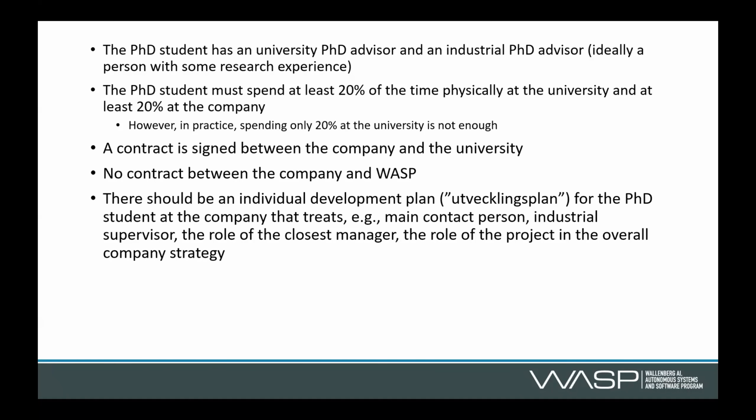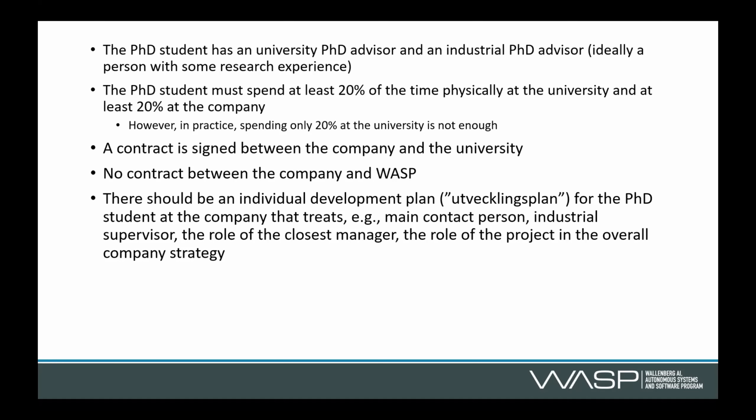Then, as for all PhD students, there should be an individual development plan, so-called utvecklingsplan, held by the university. Sorry, now there should be a plan also for the industrial part of the project.